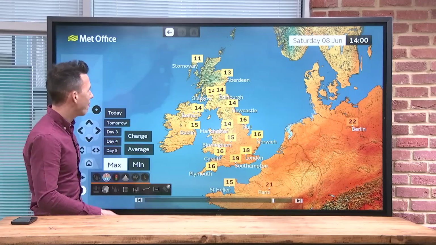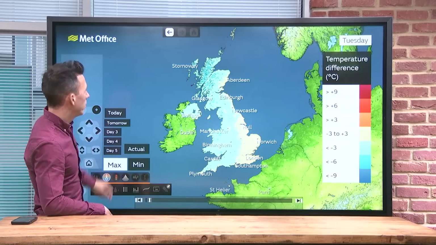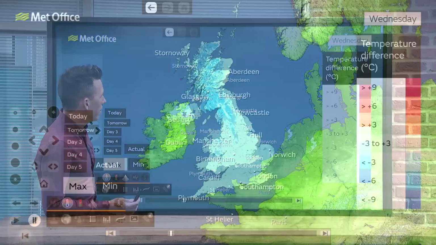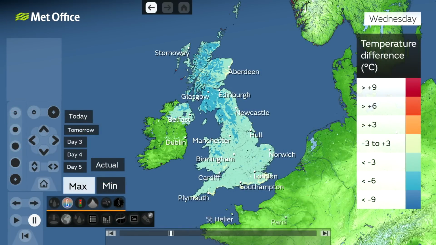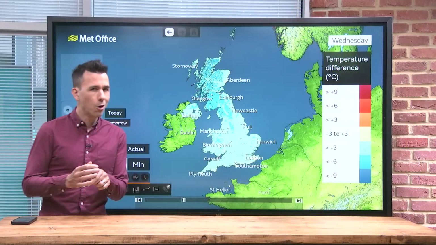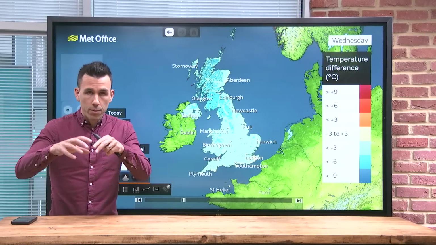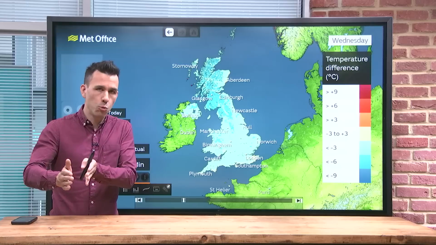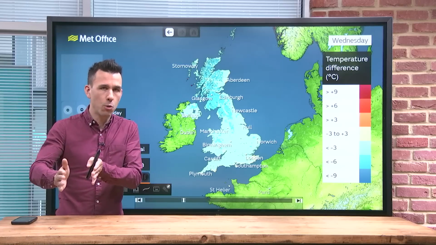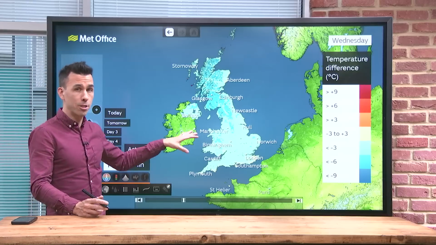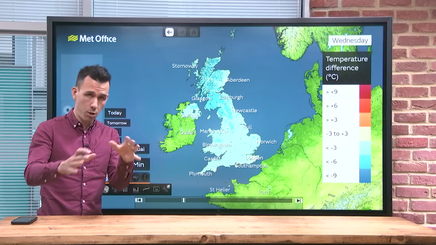So how does that compare with average? This is Wednesday's maximum temperatures compared to the June average, by the way, so it's the average that you normally see with the month as a whole, and of course June tends to warm up from the start to the finish, so you would expect slightly below average temperatures at the start of June compared with the whole of June.